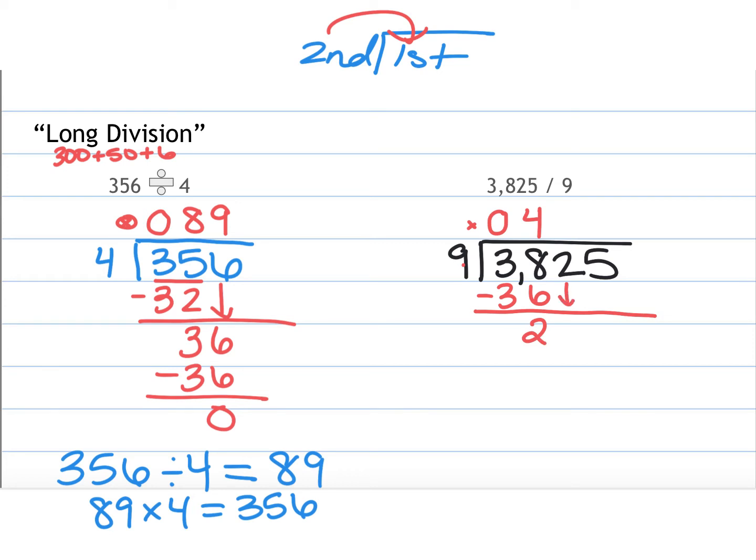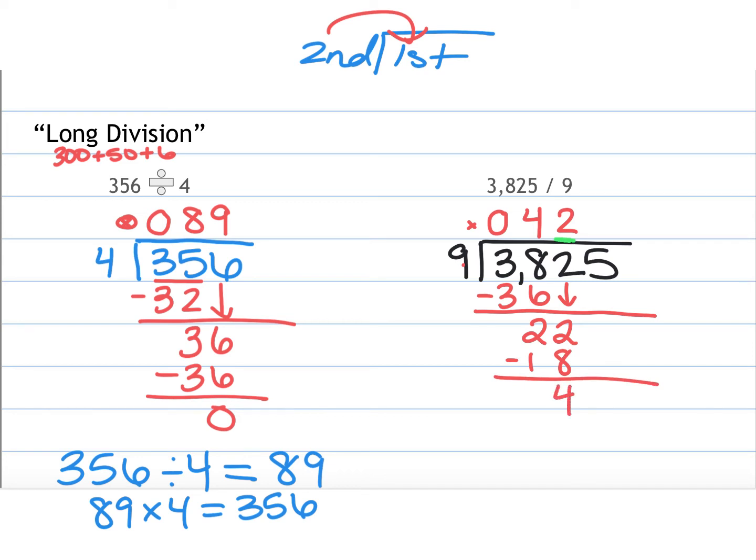Bringing down my other place values, so that'd be 225. But I don't really need to bring down that 5 yet, do I? So that was kind of silly. Ignore that. Bring the next place down because that's the next place we're in right here, right? So 9 goes into 22 2 times for 18.